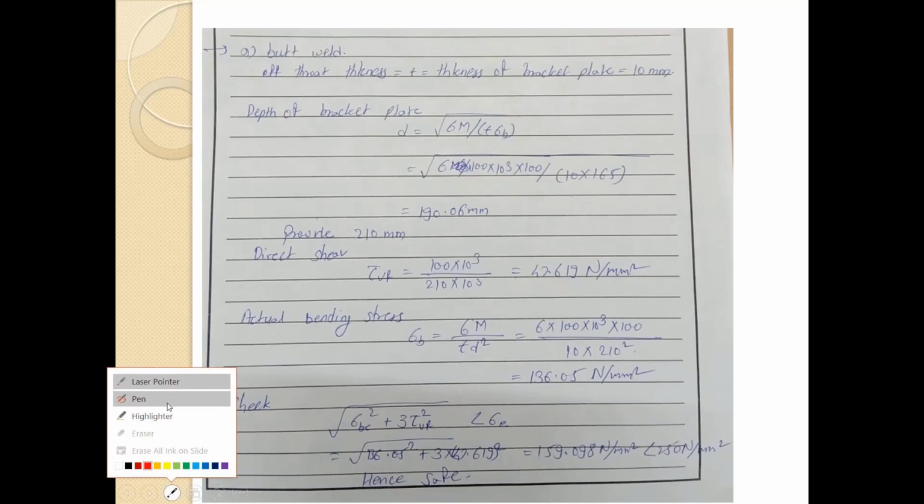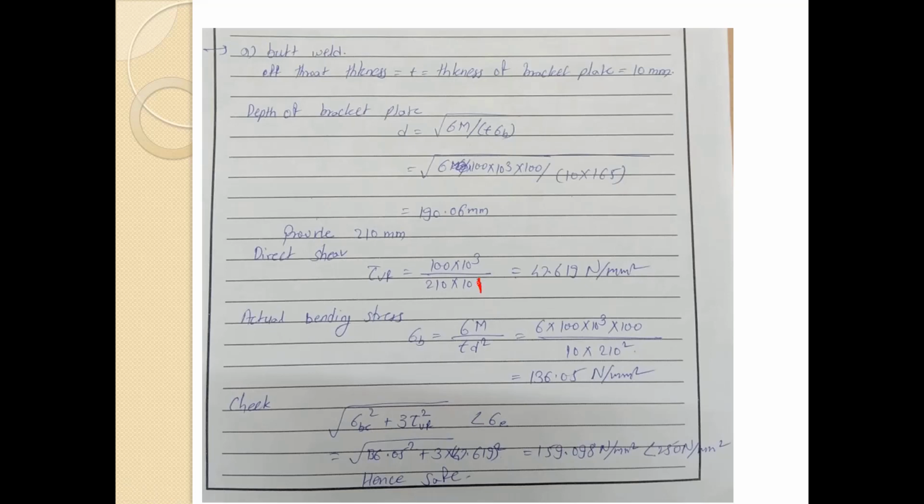Please note that it is only 10 here, this is D into T. So we are getting 47.619.